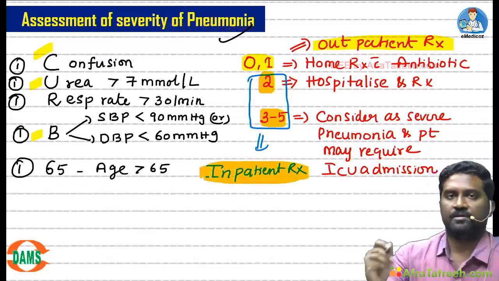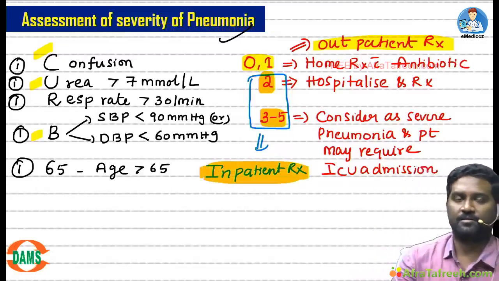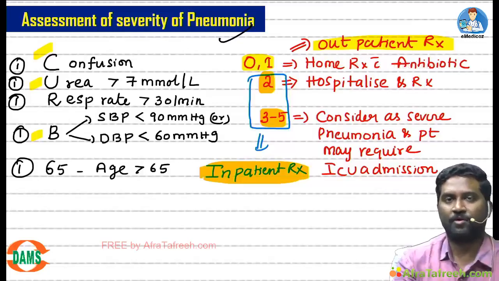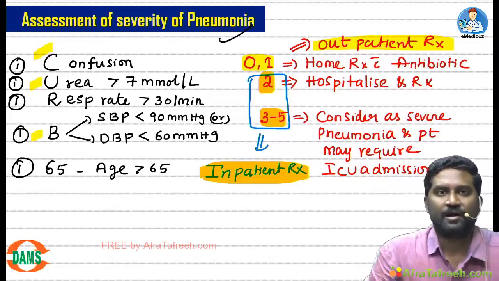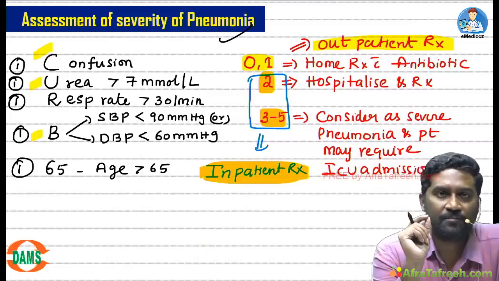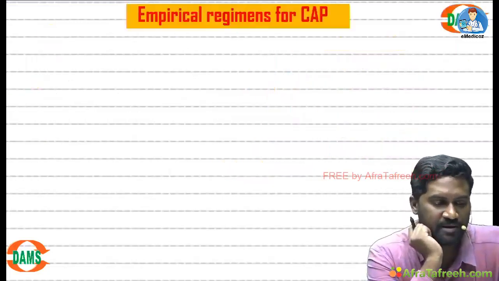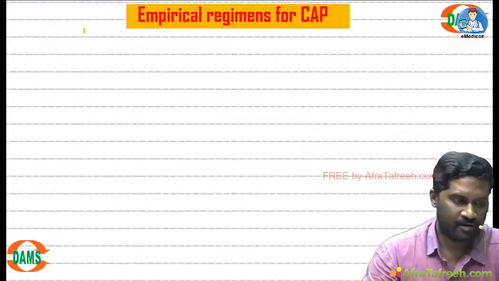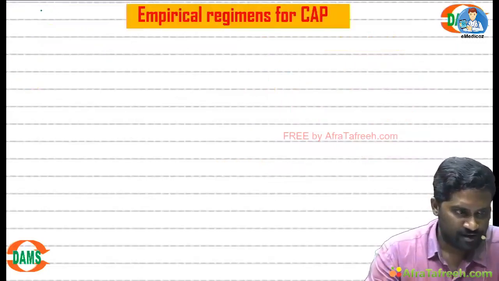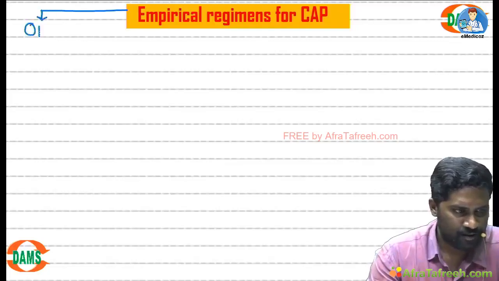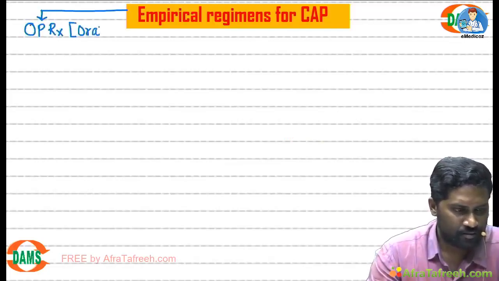Now the next concept: if I admit him in hospital, what is the preferred antibiotic therapy? If I am sending him home, what will be the preferred antibiotic therapy? So write down empirical treatment of community acquired pneumonia. First thing you should know is where exactly you are treating the patient. Is it at home? It is called outpatient treatment. Whenever you are treating at home, you prefer tablets.